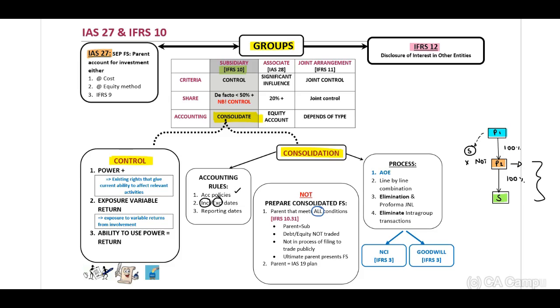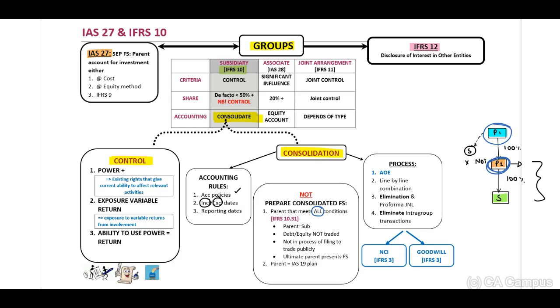And when the ultimate parent, which will be P1, presents financial statements, group financials, or when P is an IAS 19 post-employment benefit plan. Okay. In terms of IFRS 10 paragraph 4(a), the parent has to meet all of the conditions.